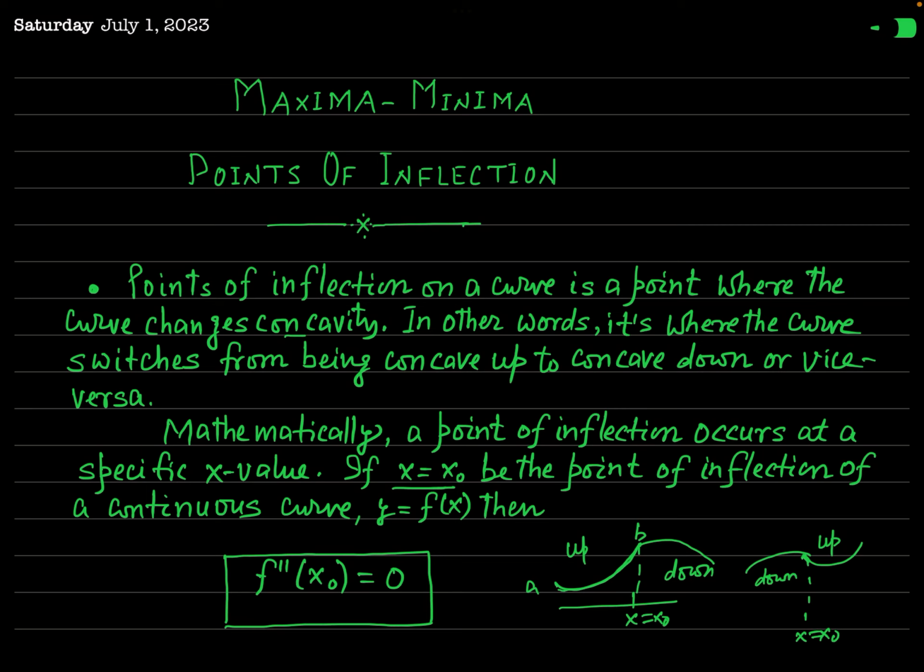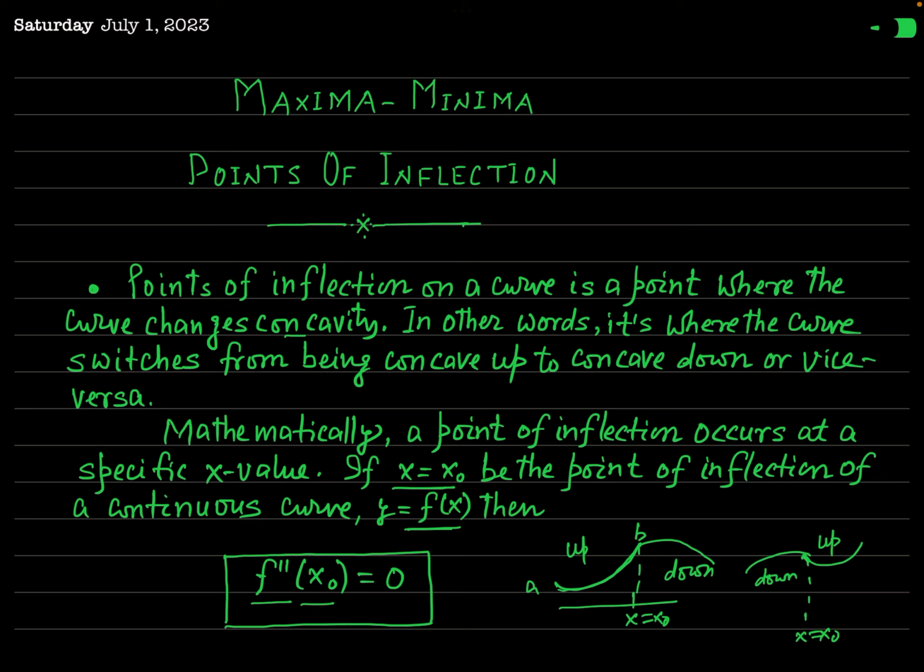If x equal to x naught is a point of inflection of a continuous curve, let us say f of x, then what will happen? Then the second order derivative, that is f double dash of x, at this particular point x naught will be 0. This is the condition using which you can easily find the point of inflection of a given function.